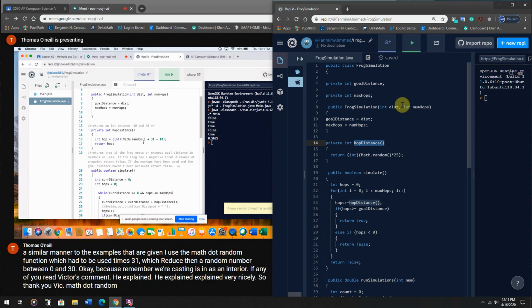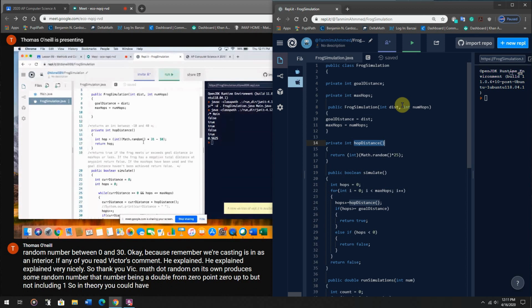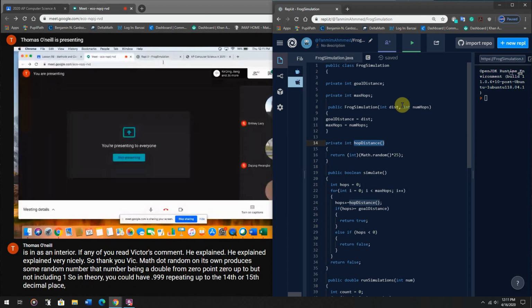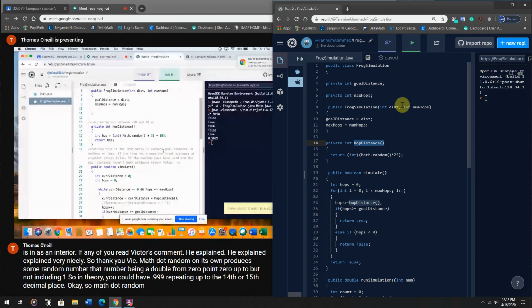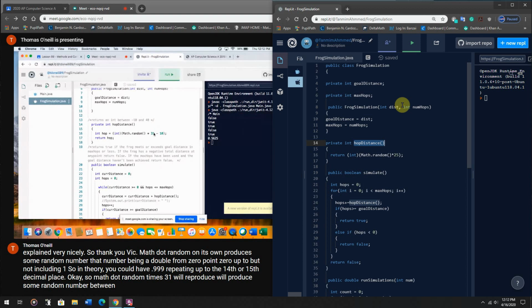Math.random on its own produces some random number, that number being a double, from 0.0 up to but not including 1. So in theory, you could have 0.999 repeating up to the 14th or 15th decimal place, okay? So math.random times 31 will produce some random number between 0 and 30, given that we've cast it as an integer, okay?